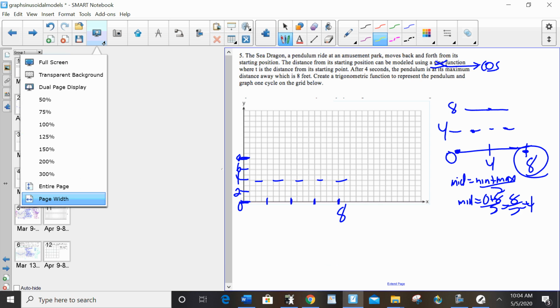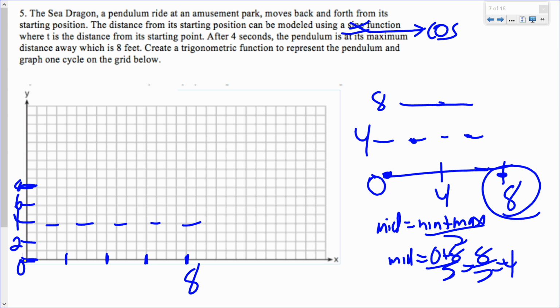Let's go yellow. Starts at the min, then midline, then max, then midline, then min. There it is. If I want to write the equation, y equals amp sine freq x shift.